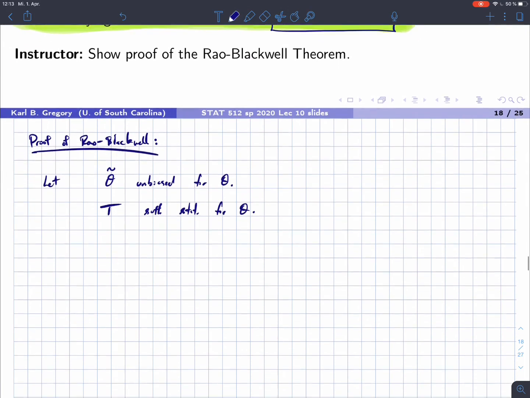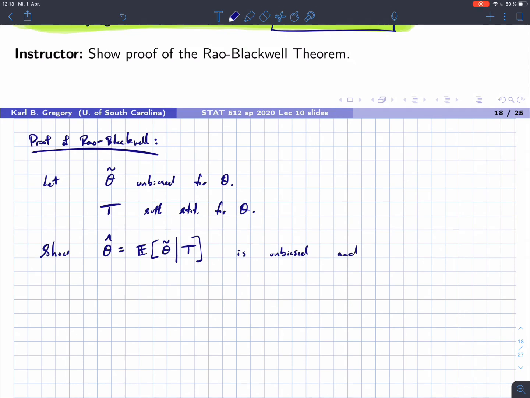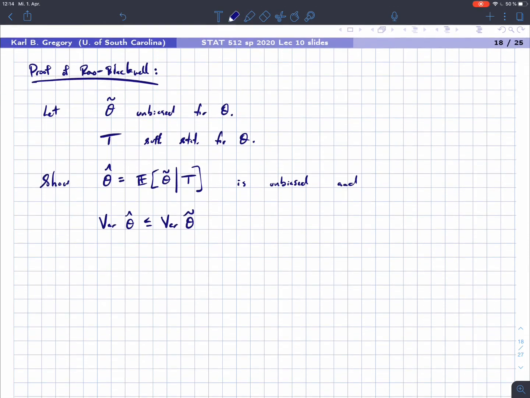What we need to show then is that theta hat, which is a new estimator defined as the conditional expectation of theta tilde given the value of T, is unbiased, and that its variance is less than or equal to the variance of the estimator I started with.